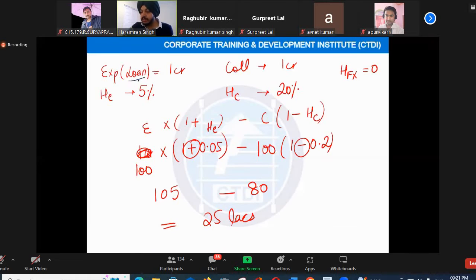Now let us say you have given a loan of 1 crore and haircut on exposure is 5%. Collateral is 1 crore. Haircut on collateral is 20%. And haircut on foreign currency mismatch is 0. So on a 1 crore loan, your haircut will be added.